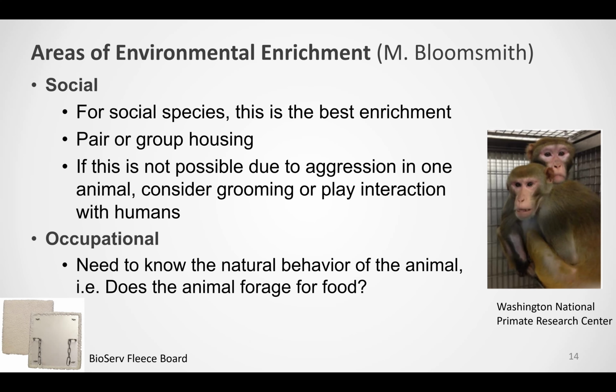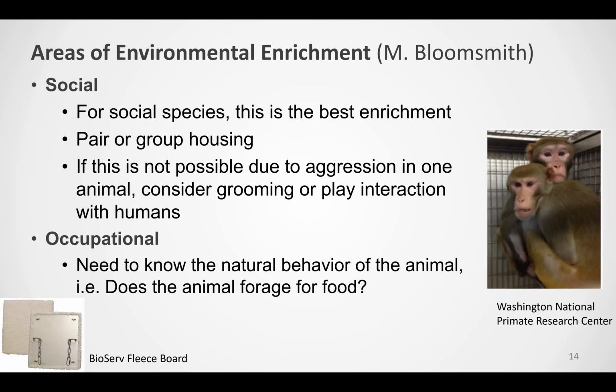If you do, you at least want them to be able to maybe hear or smell the other animals so that they can feel like they're still part of the group. The other thing that can happen too, if an animal is more isolated, is sometimes the species, it's okay to have them interact with humans, and that provides some social enrichment.